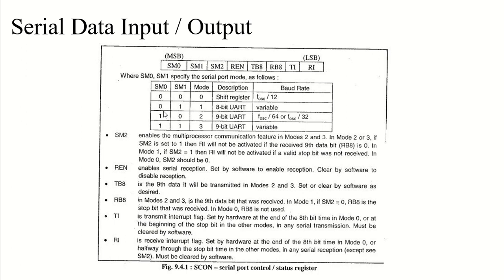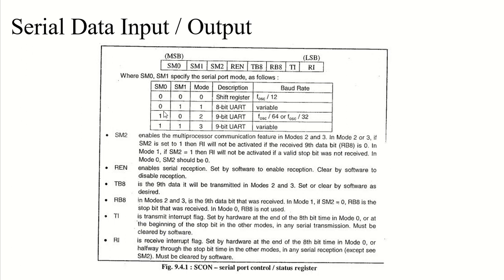It will be transmitted in modes 2 and 3, and it's set or cleared by the software as the software desires. So again, you don't mess with TB8 either. We have RB8. In modes 2 and 3, RB8 is the ninth data bit that was received, and in mode 1, if SM2 is equal to 0, RB8 is the stop bit that was received, and in mode 0, RB8 is not used.